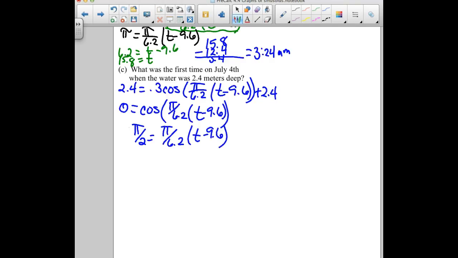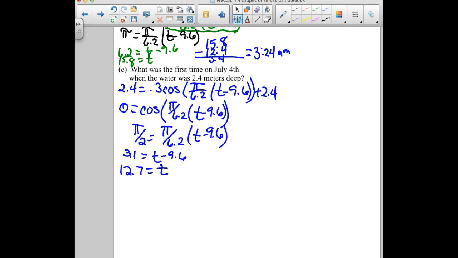The pi's will cancel. We're going to have 6.2 divided by 2, which gives us 3.1. Okay, then what? Add 9.6 over, we get 12.7.